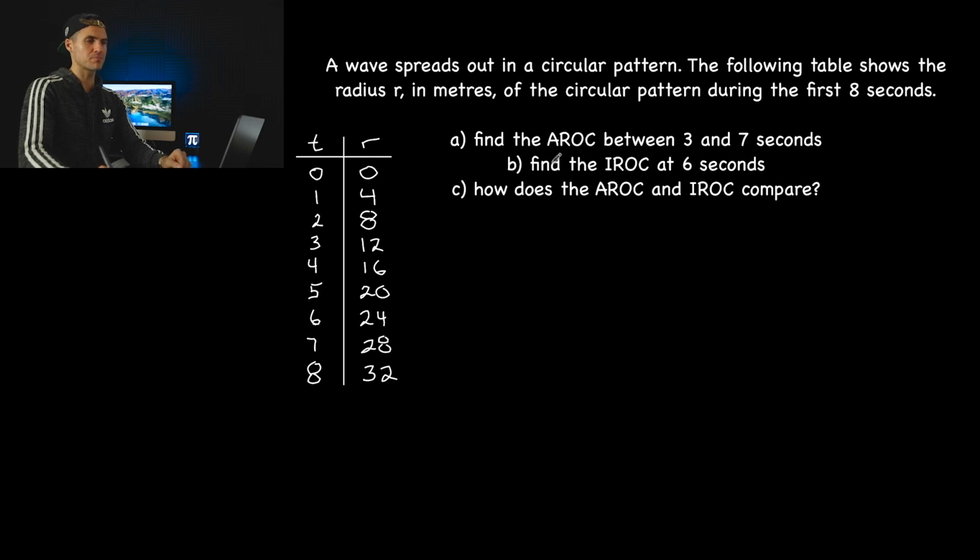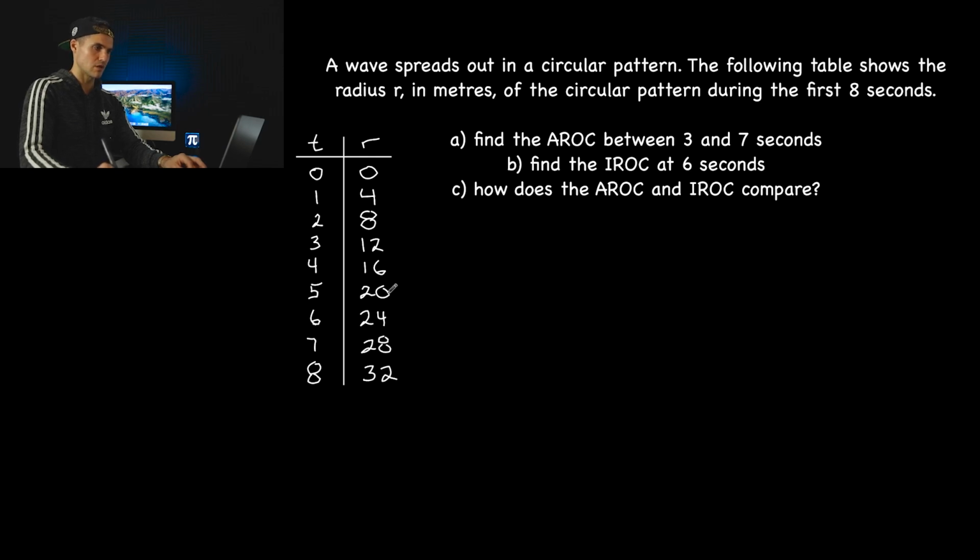Now moving on to part B, we have to find the instantaneous rate of change at 6 seconds. If you remember, when we're finding the instantaneous rate of change from a table of values, we have to use the preceding and following interval method. You could also use the centered interval method, between 5 seconds and 7 seconds. However, I'm going to do the preceding and the following.